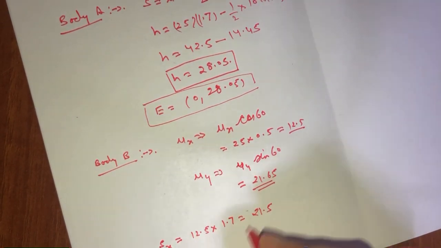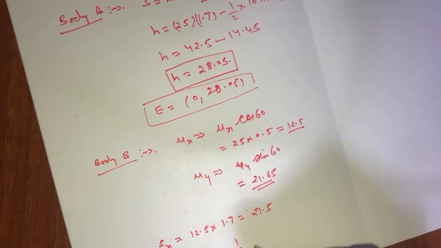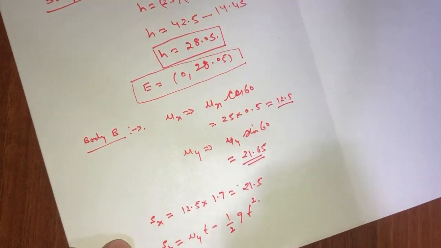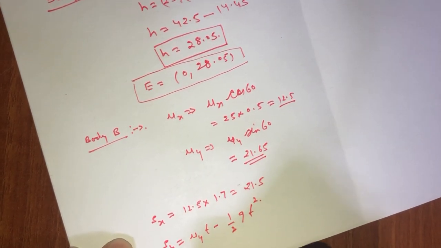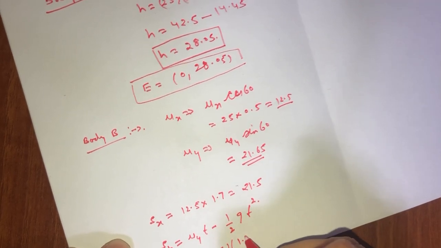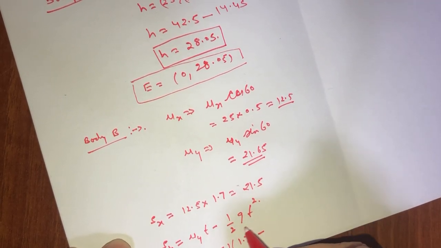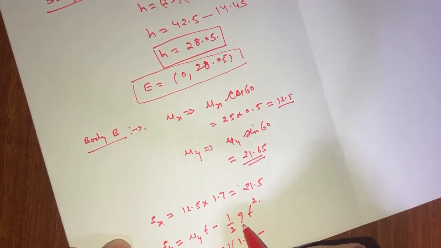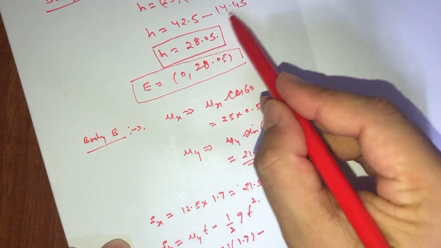So u of y is 21.65. This is multiplied by 1.7, and we already know that half g t square is equal to 14.45.